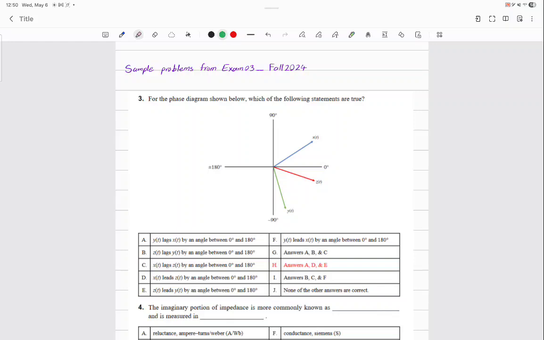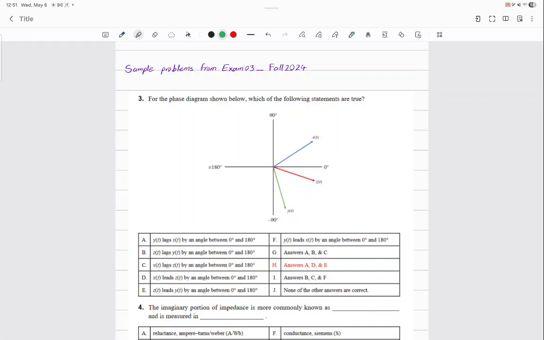First of all, one very important question that you have to answer: in which direction can these phasors move? Counterclockwise, okay? Not clockwise. So, look at choice A.